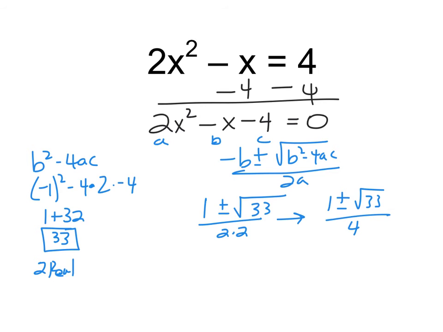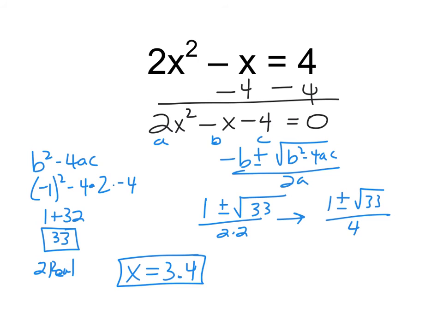So on your calculator, you're going to type in 1 plus the square root of 33, and then hit enter, and then divide that by 2, and you should come up with x equals 3.37, so it's 3.4. That's one answer. Then, on your calculator, you're going to type in 1 minus the square root of 33, and then we're going to divide that by 4.